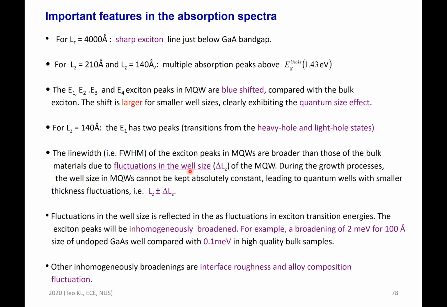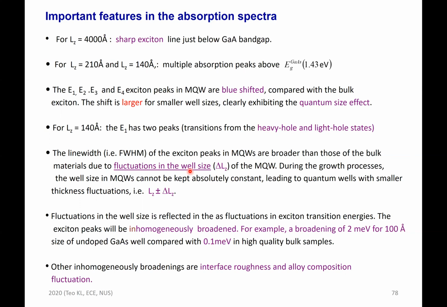During the growth process, your well size may not be able to be kept absolutely constant. If you grow a multiple quantum well, every well needs to be precise, let's say 100 Angstrom, during the whole growth process, maybe growing for 1 hour.